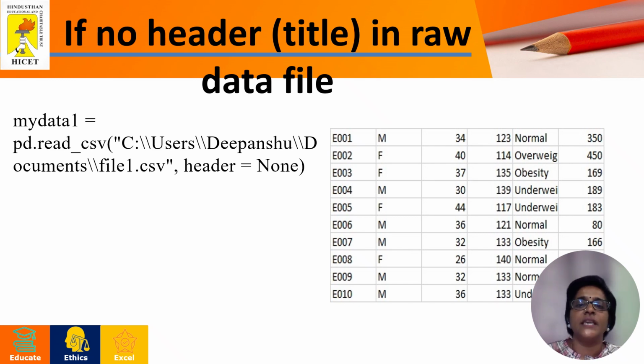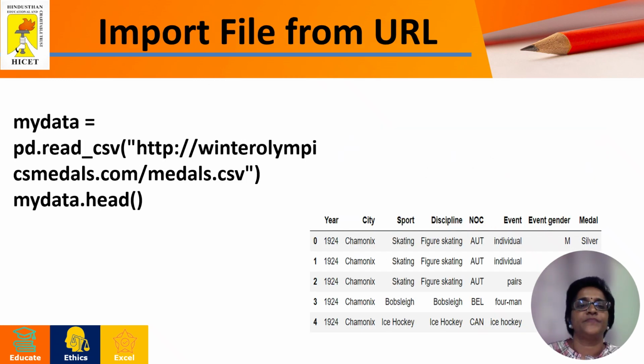So in this case, E001 M34 123 normal 350 will be taken as the header information if header equal to None is not provided. So we have to ensure that we appropriately provide the header equal to None option if the respective data file does not contain header information.